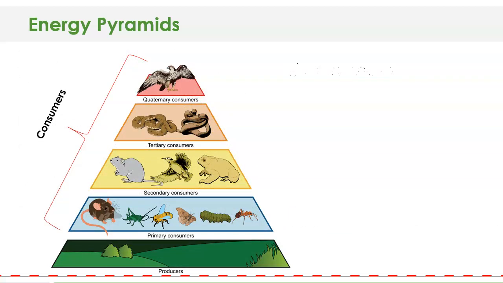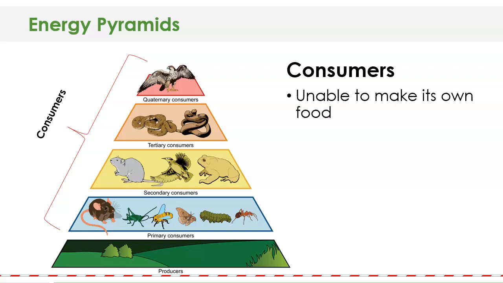All right. Then we get to the consumers. The consumers make up all the other trophic levels of the energy pyramid. They are not able to make their own food. They depend on getting their food either from plants or from other animals. They cannot get energy directly from the sun the way the producer can.